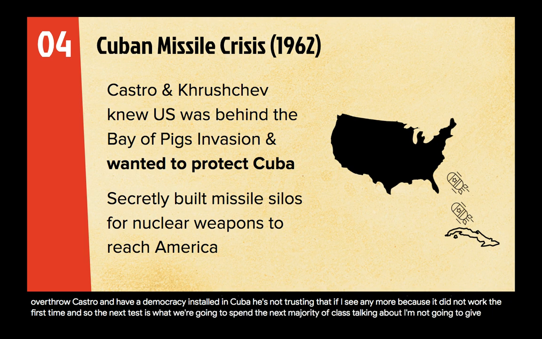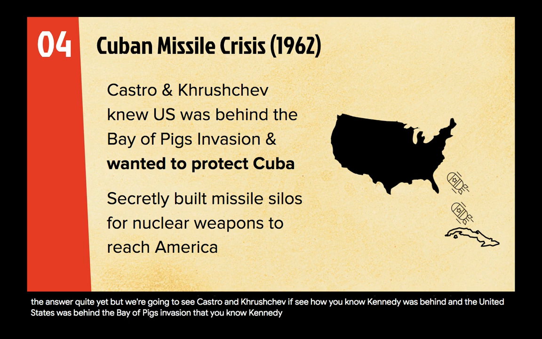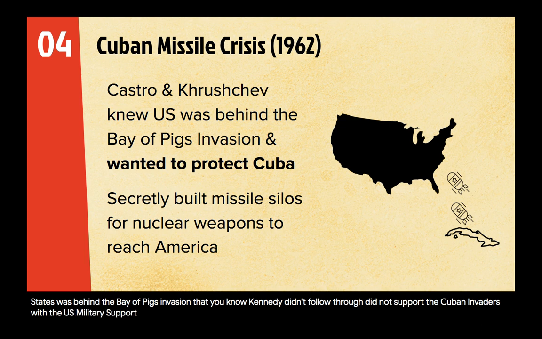So I'm not going to give away the answer quite yet. But we're going to see Castro and Khrushchev see how Kennedy was behind, and the United States was behind, the Bay of Pigs invasion, that Kennedy didn't follow through, did not support the Cuban invaders with U.S. military support. And so they say, well, we want to make sure that Cuba's protected.